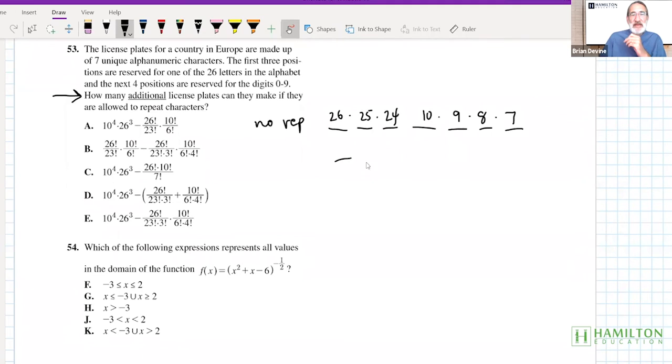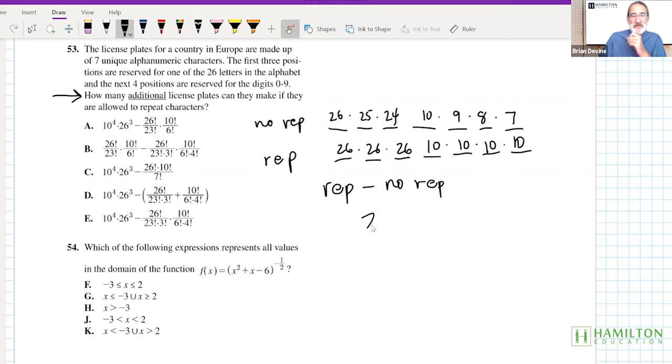And then repeat, I'm going to have 26 times 26 times 26 possible. Then 10 are possible, 10 are possible, 10 are possible, 10 are possible. And so if I take that, I'm going to take repeats minus no repeats.